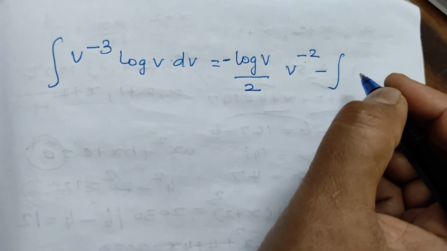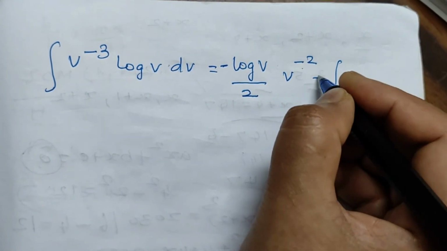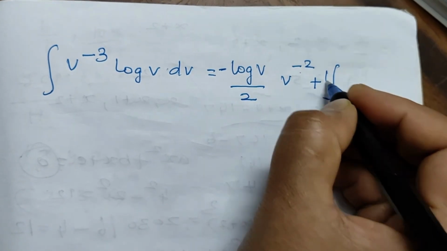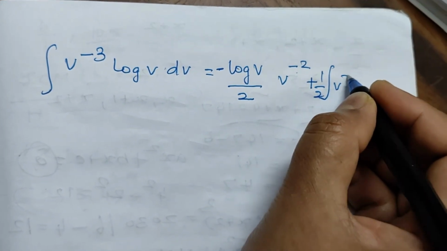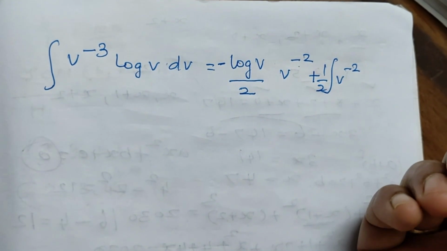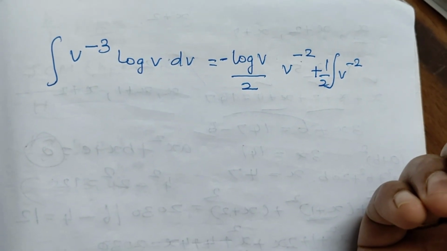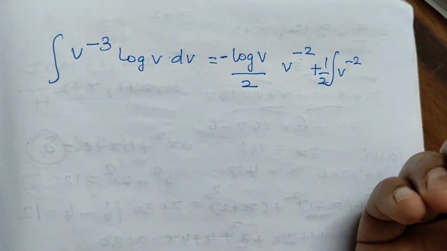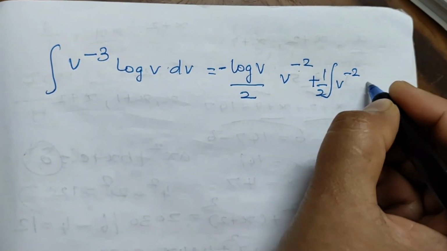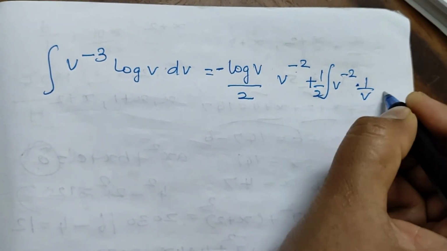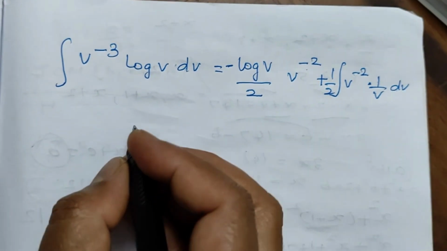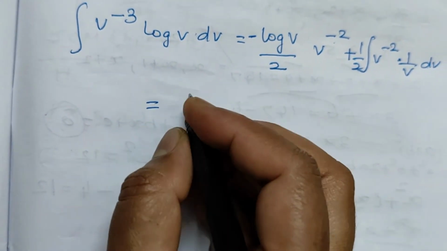V is v^(−2), so here plus 1/2 integral of v^(−2) · 1/v dv, du = 1/v dv. So now what is the answer?